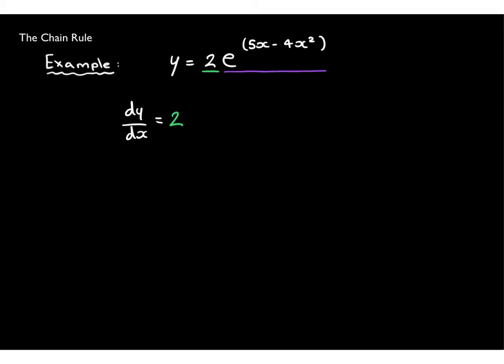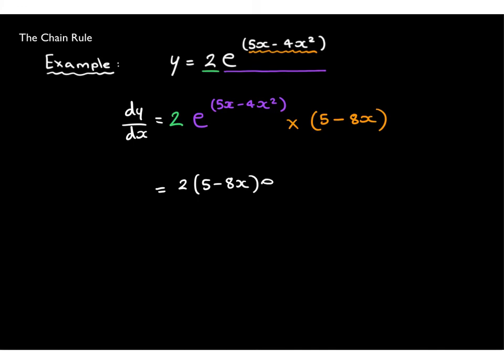Exponential functions differentiate to themselves, so the answer will also feature e to the 5x minus 4x squared, but we must multiply by the derivative of the innermost function, which is 5 minus 8x. So putting all those components together takes us to our answer of 2 bracket 5 minus 8x e to the power of 5x minus 4x squared.